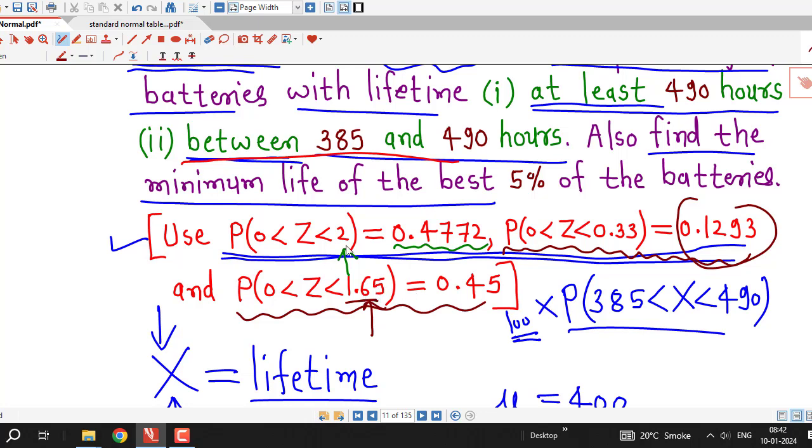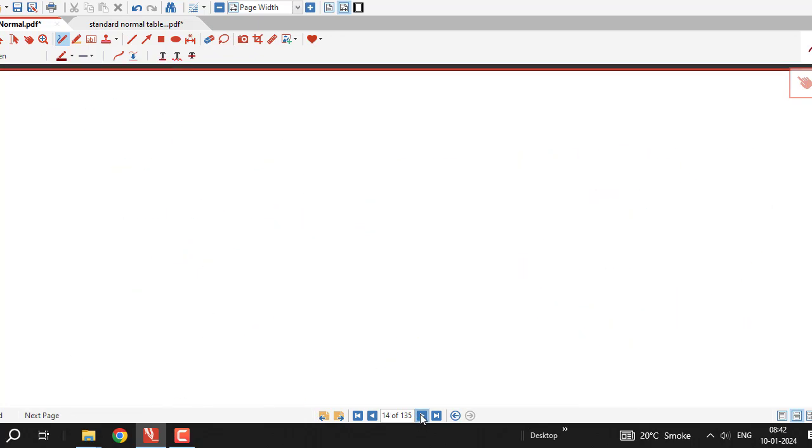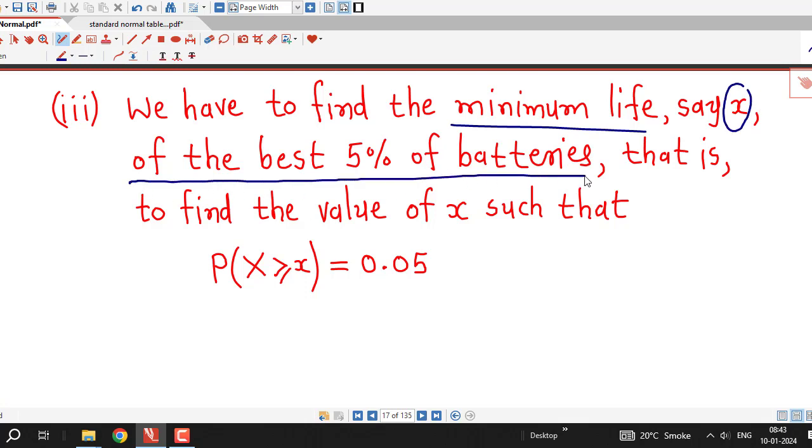So now we try to answer that last part, the minimum life of the best 5% of the batteries. We have to decide the minimum life, which we denote by x hours, of the best 5% of the batteries.